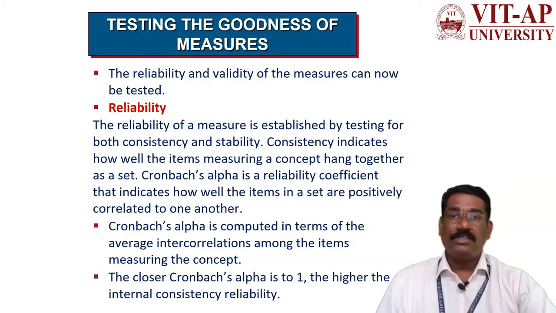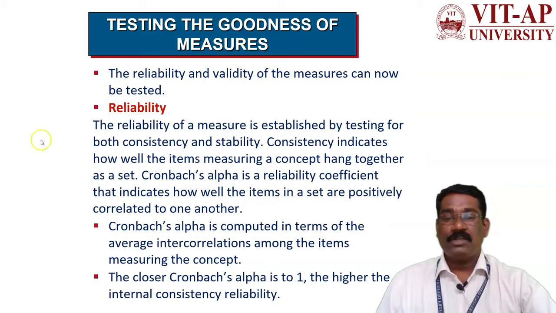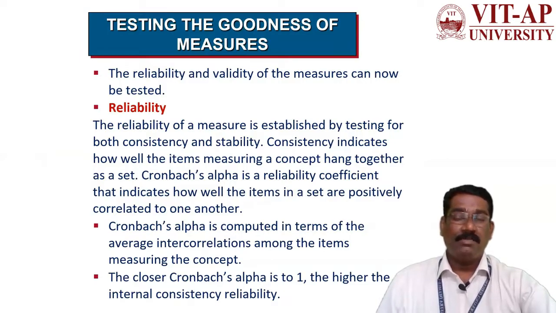Let's talk about reliability. Let us understand what reliability is here. There are many reliability methods, but I am going to talk only about the Cronbach alpha method of reliability testing. And of course, I will also demonstrate how to do that using SPSS software.